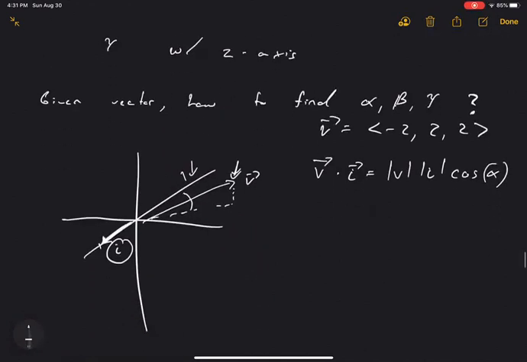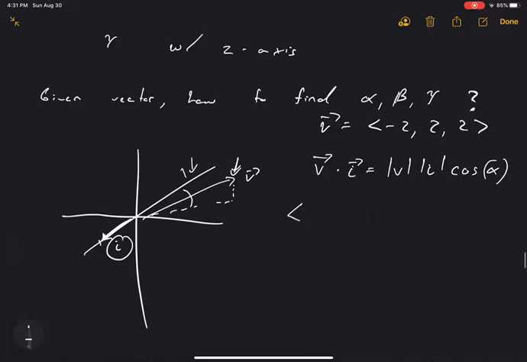So what is v dot i? v dot i would be negative 2, 2, 2 dot, what's i? 1, 0, 0. So that's just negative 2. That's my left side. And then on the other hand, I have magnitude of v, magnitude of i. Well, magnitude of i is just 1, isn't it? So I have 1. What's magnitude of v? It would be square root of 12.